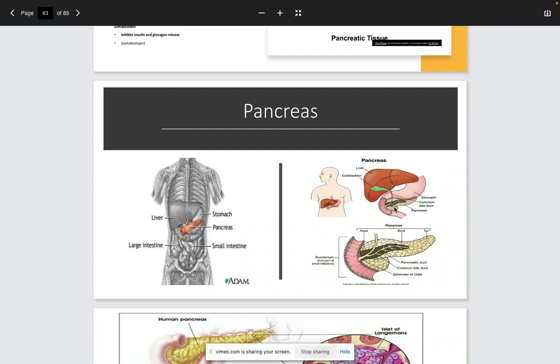The best place to have a tumor within the pancreas is in the head of the pancreas. The reason being, we can see the signs of pancreatic cancer. And what are the signs of pancreatic cancer? Besides abdominal pain and weight loss and things like that, there's something called jaundice.